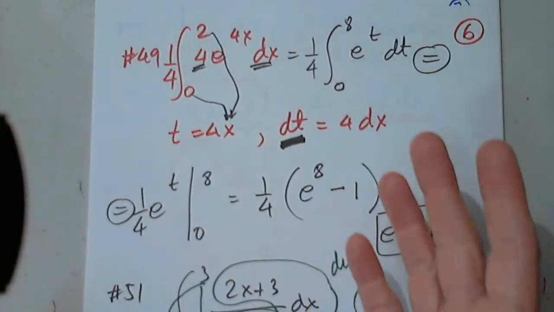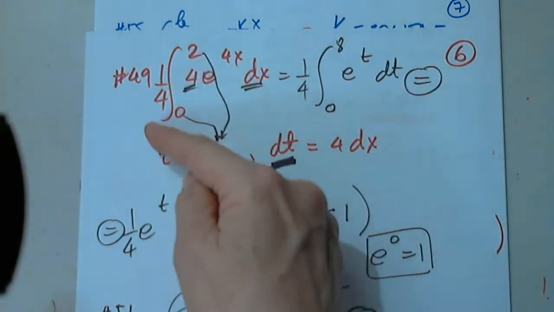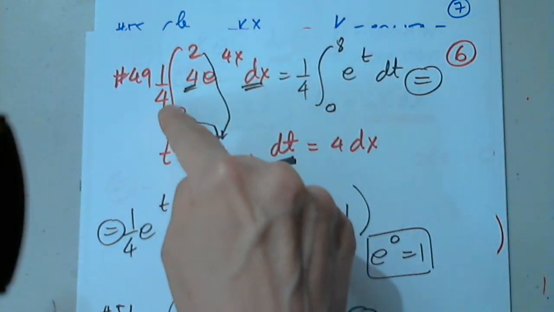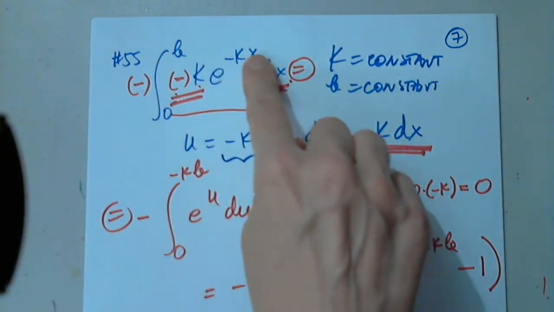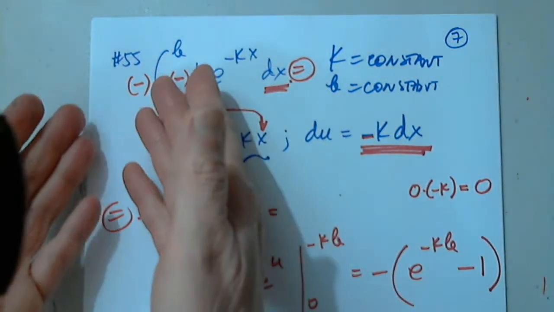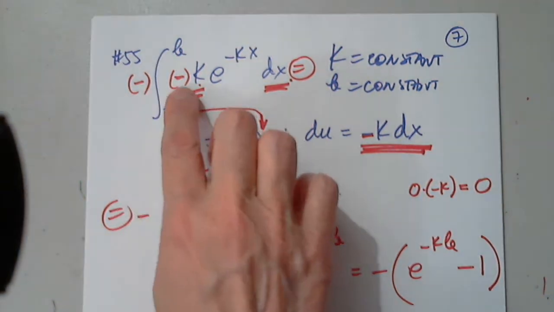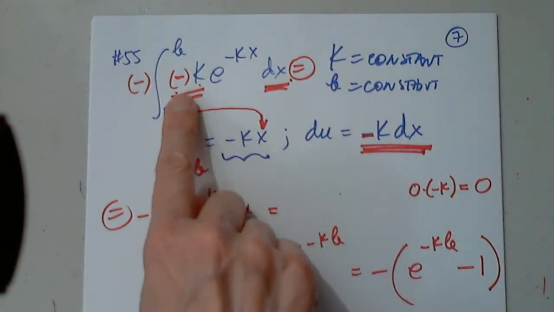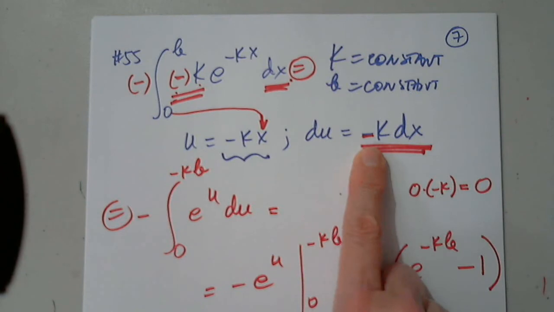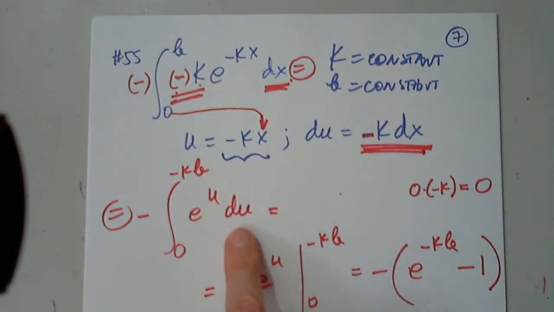If dx is there and just a number needs to be made up, it's not a problem. Multiply the top by 4, divide the bottom by 4. That's what I did here. -1 at the top, -1 in the denominator. It's the same thing as multiplying twice by -1, and -1 times -1 is 1. I didn't change the problem. I only needed the negative k, -1 times k times dx, to get the du.